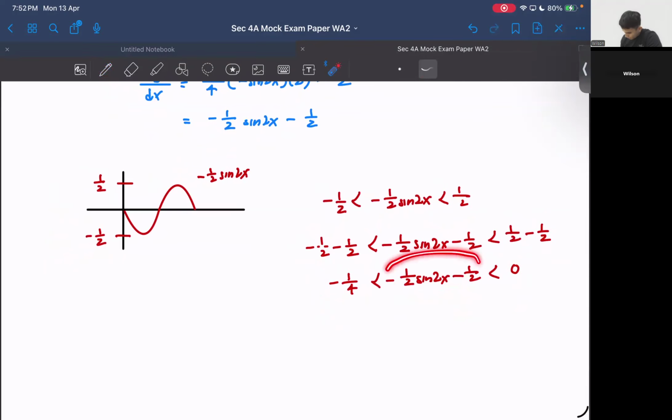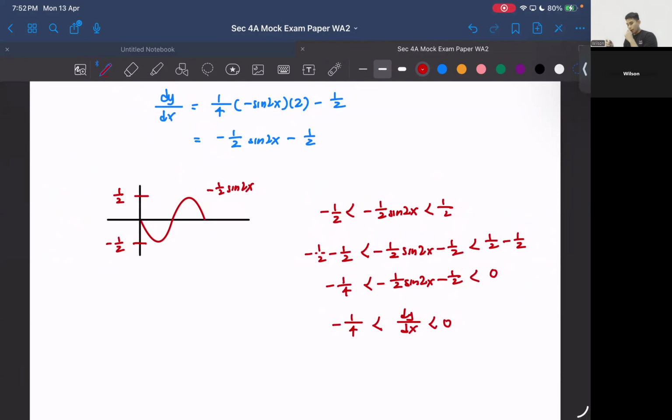Now, this expression will be your dy over dx. So negative 1/4, this is dy over dx. So your dy over dx will fluctuate between less than 0 and more than negative 1/4, correct?